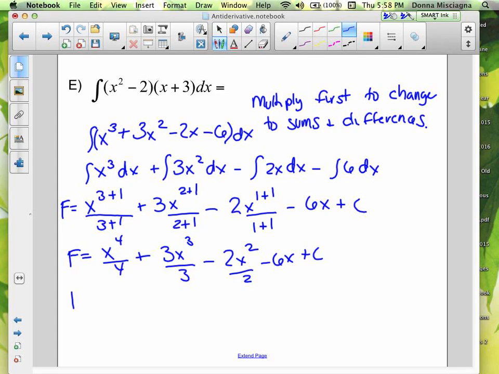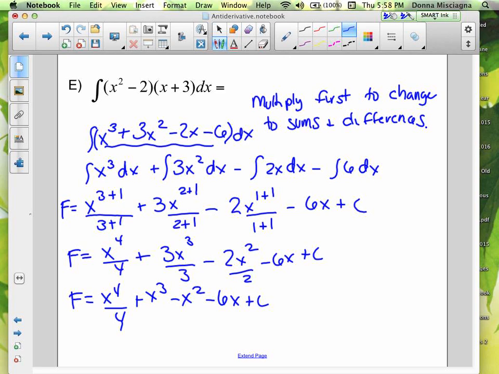And now that's going to simplify to x to the 4th divided by 4 plus x cubed minus x squared minus 6x plus c. And of course, if we take the derivative of each of these, we're going to get right back to those terms right there. Okay? Because the derivative of our function is the function that we're integrating.